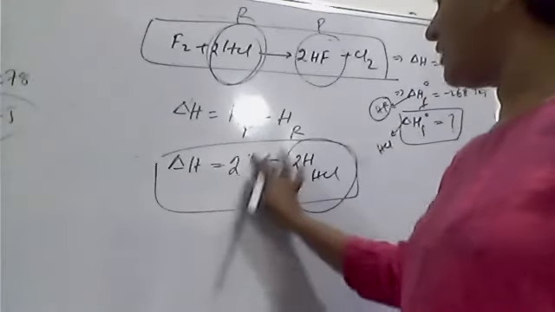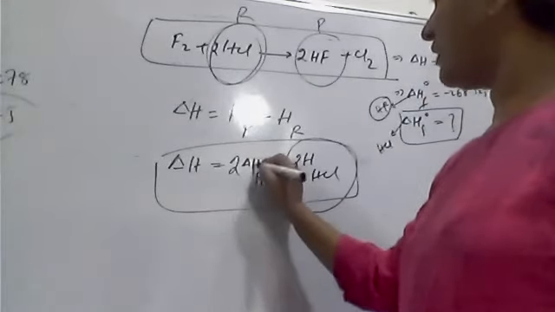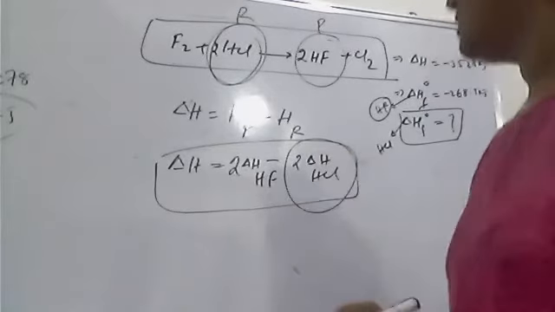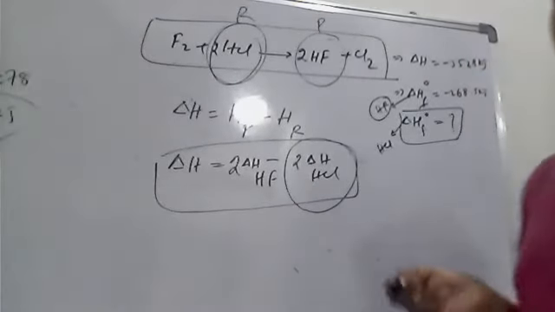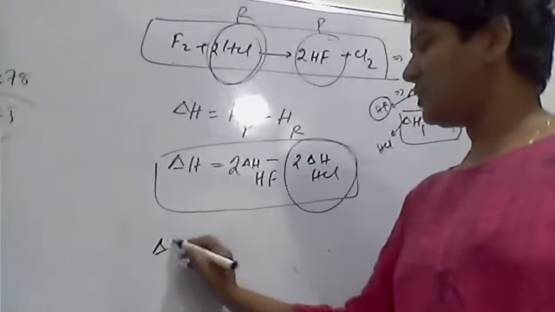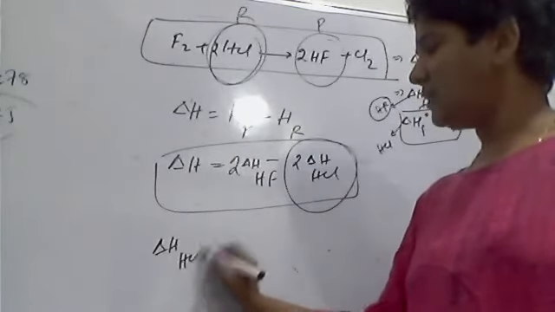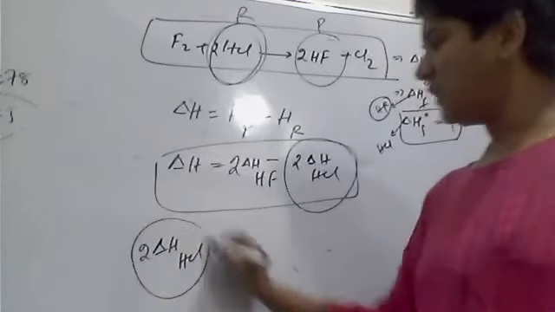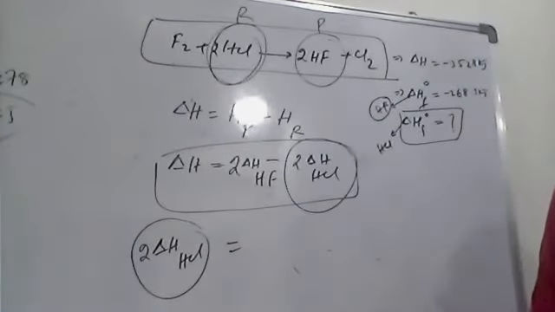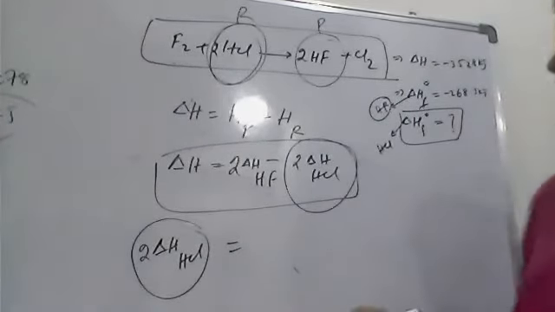So you can write delta H of the reaction equals 2 delta H f of HF minus 2 delta H f of HCl.